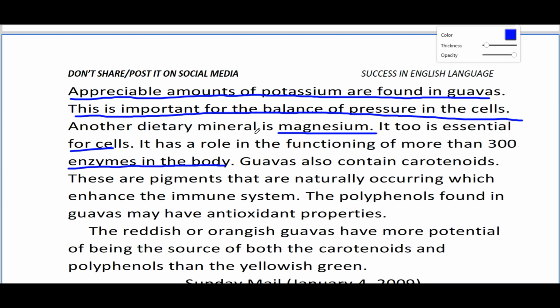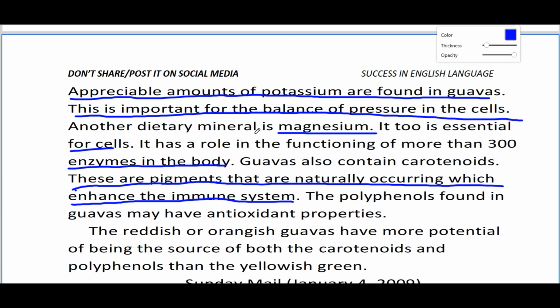Guavas also contain carotenoids. These are naturally occurring pigments which enhance the immune system. So another importance of eating guavas is the occurrence of pigments that improve the immune system. The immune system is a system that protects us against diseases.